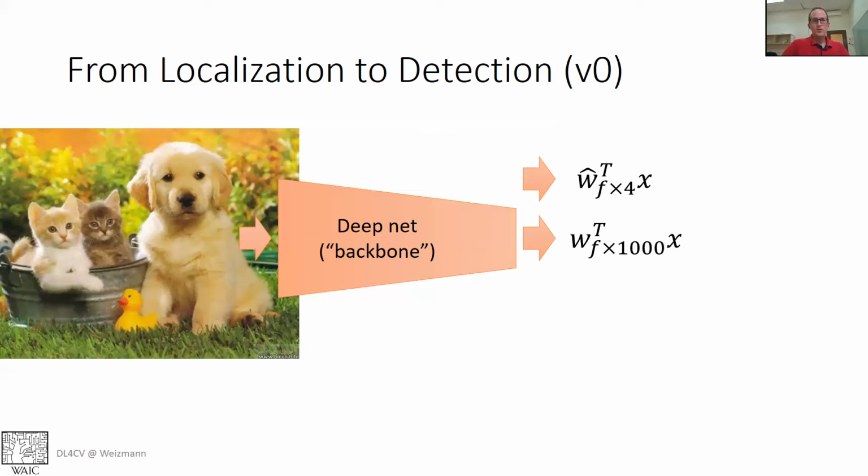And if we have a bigger image, we can do the same. We can crop regions, resize them to the fixed size that this image classification and localization network expects, and classify and localize the objects in each and every one of these overlapping windows.